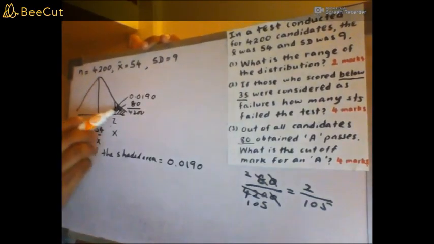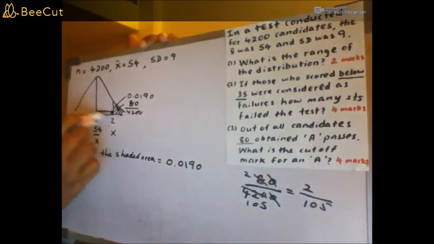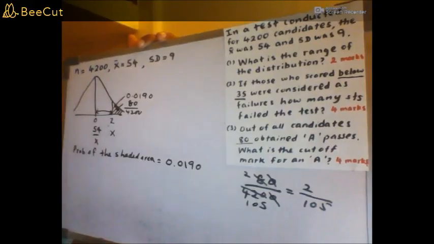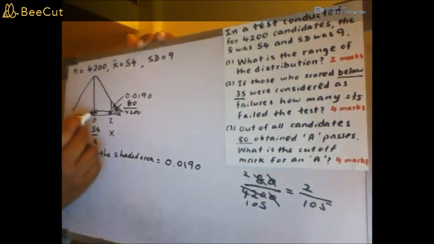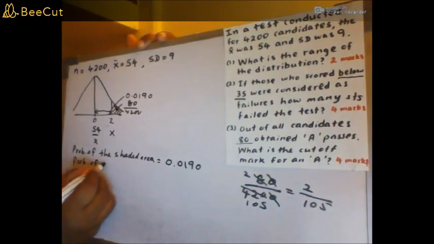So we know this area. We have to find the z. To find the z, we have to know this particular area from middle line to this. So we know this. We have to deduct this area from 0.5. So we'll write probability of z. We have to find z now. Probability of z.